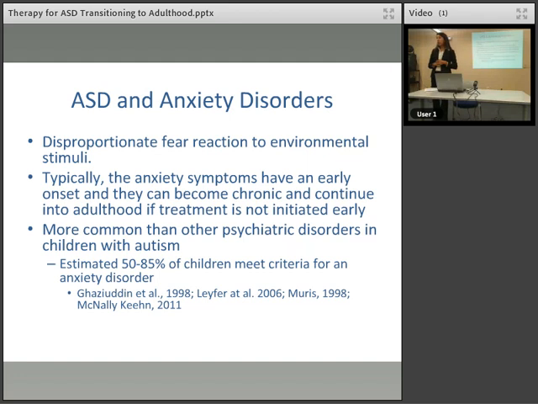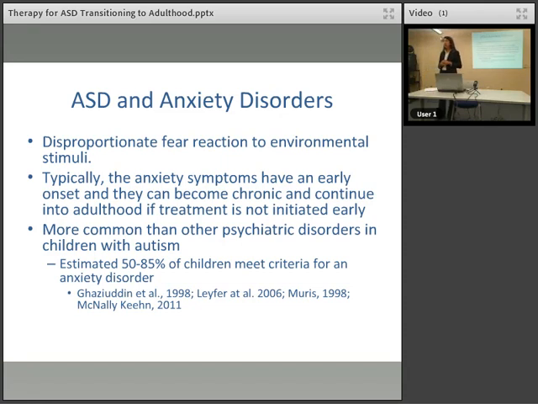Within anxiety disorders, an anxiety disorder is diagnosed when you have a disproportionate fear reaction to stimuli in the environment. So in other words, there's something that's perceived to be a threat, but the reaction, the fear reaction, is greater than what would be expected.